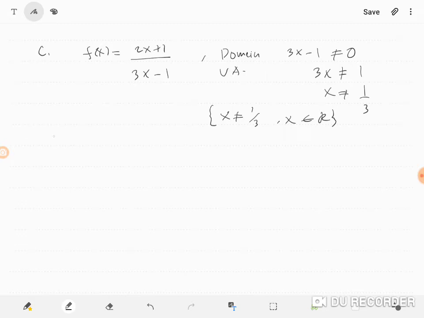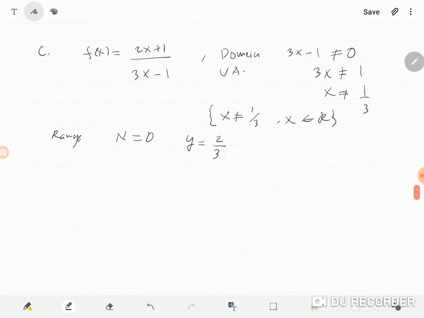And then the range. For the range you find the power. So it means the power of x in this function, numerator equals to the denominator. So y equals to the coefficient of numerator over the coefficient of denominator, 2 over 3.